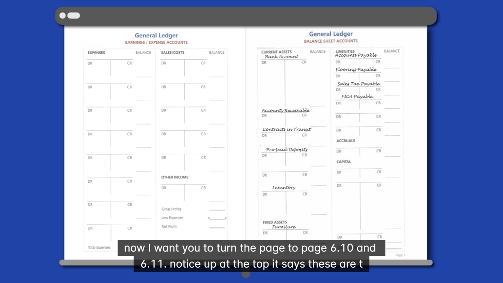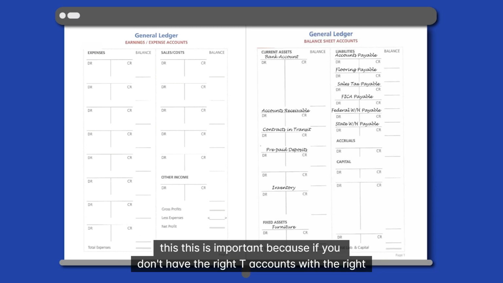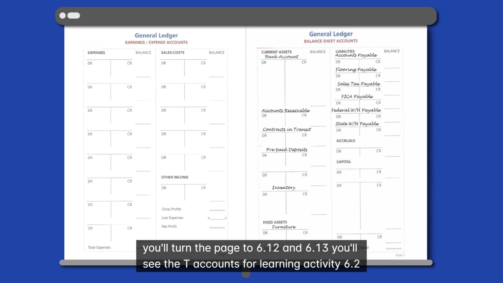FICA payable. Federal withholding payable. And state withholding payable. Again, I recommend that in the liability side, write small. Okay? In a couple of those accounts, there will be several entries.